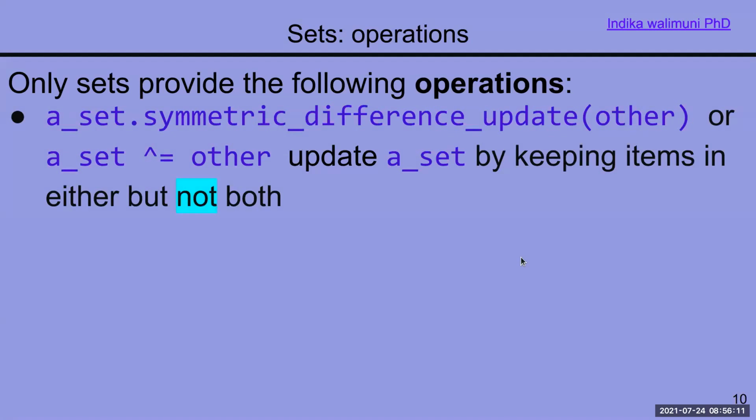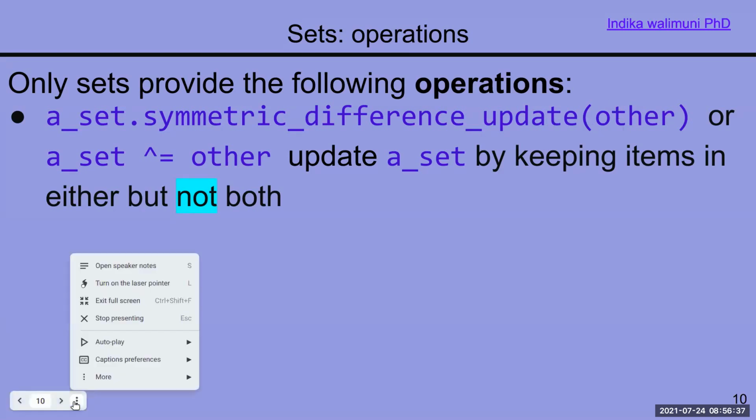All right, symmetric difference update. Basically I have two sets, and we update the original by keeping only the items in either one but not both. There's only one set that we can pass over here.